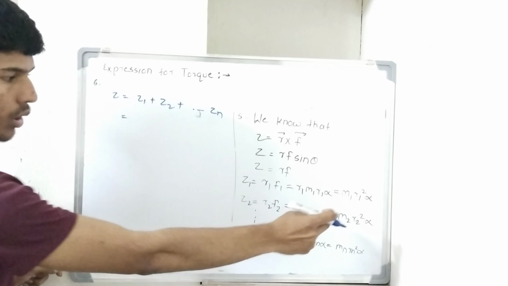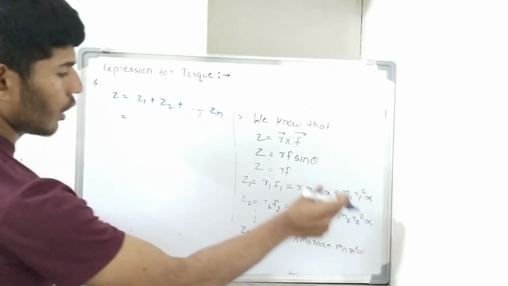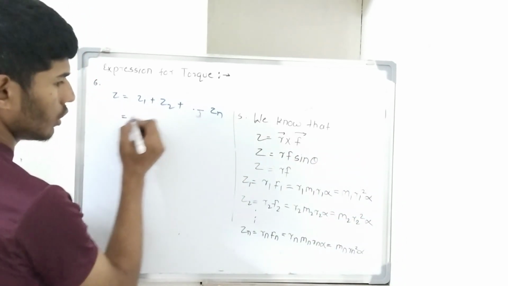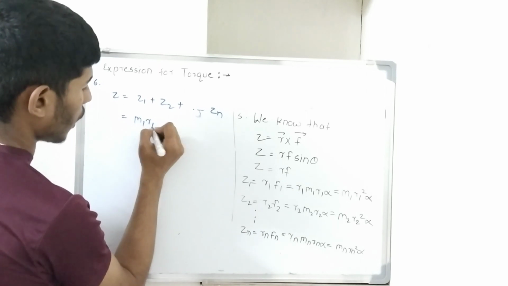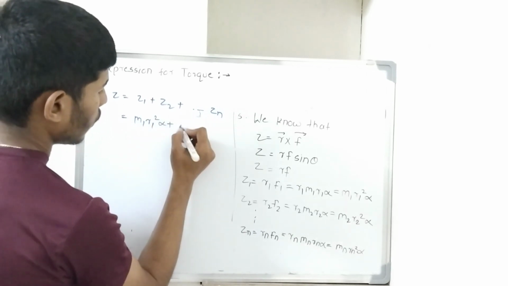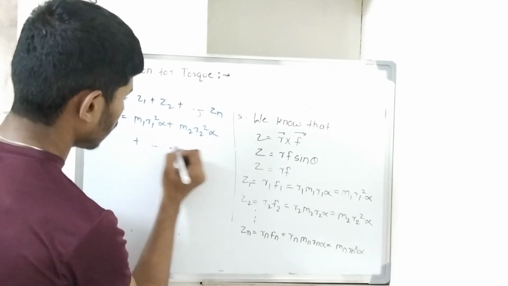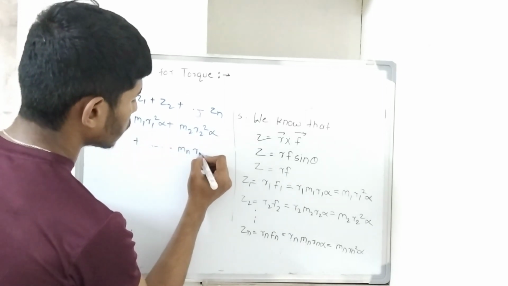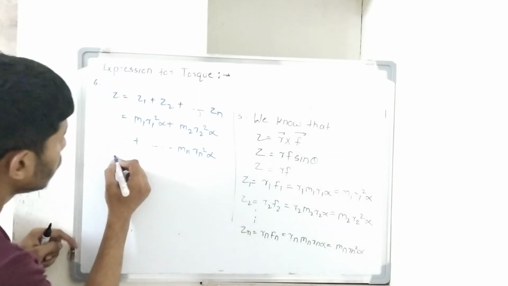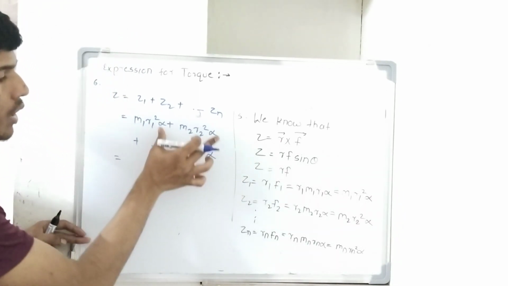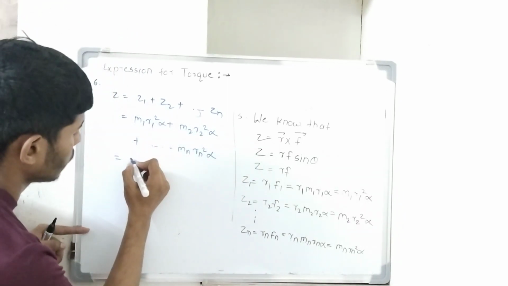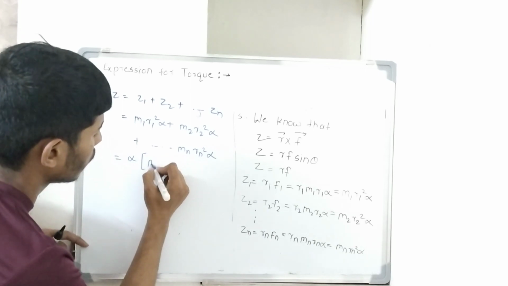We will simply put the formula of all these torques in this expression, that is m1 r1 square alpha plus m2 r2 square alpha till mn rn square alpha. Here we observe that alpha is common, so we will take alpha common.